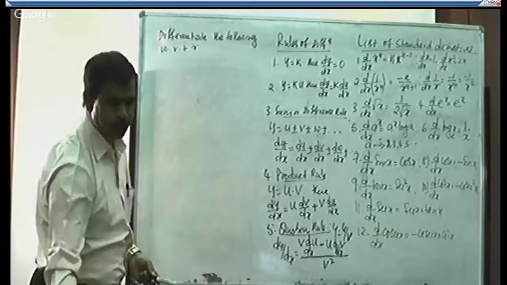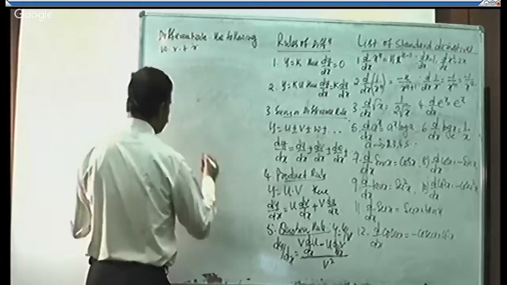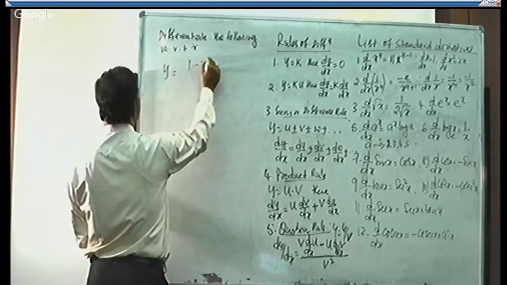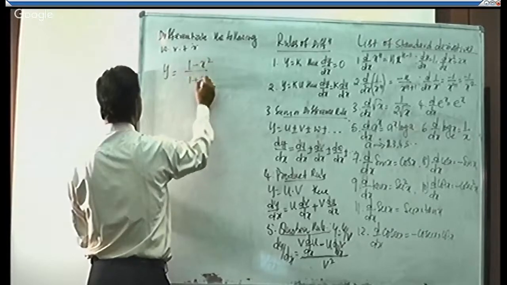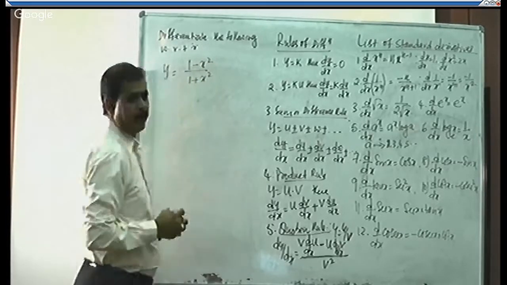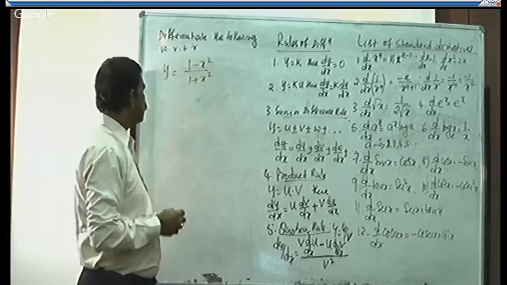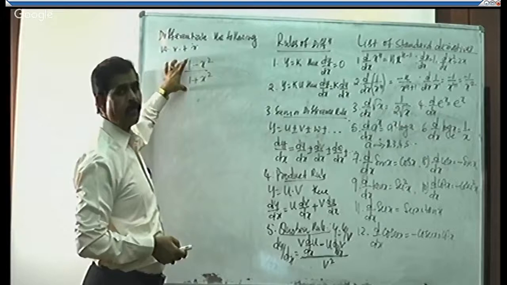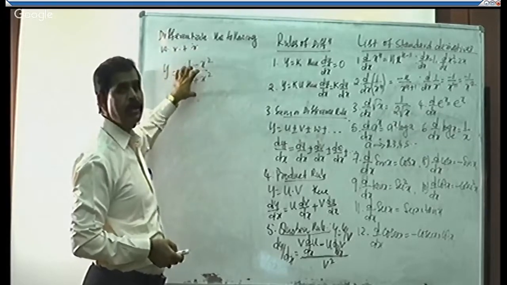Now, only one example on the quotient rule. See, y is equal to 1 minus x square by 1 plus x square. Just see the question. Y is a function of what? They are in the quotient form.